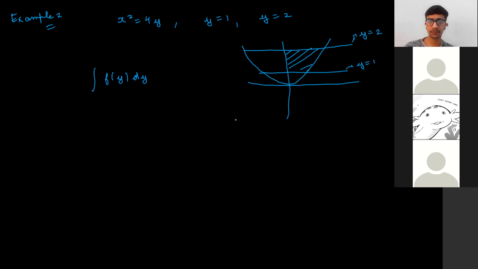What I'm saying is हाँ कि x को y के terms में पहले ढूंढेंगे which will be root of 4y dy. Exactly, and then you integrate and get the answer. But you get two values. See, you get x is equal to plus minus square root of 4y. We'll use the positive value because we have to find in the first part.